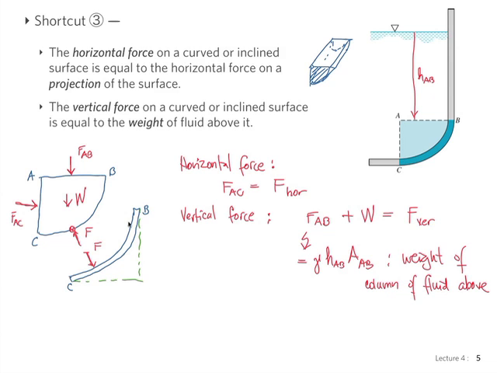On the other hand, the vertical force on the curved or inclined surface is equal to the weight of fluid above it. And sure enough, we have the weight of fluid inside this little volume that we've isolated plus the weight of the column above. So it's the weight of all the fluid above. That's the vertical direction. Clear? So that is for curved surfaces, our third little shortcut.